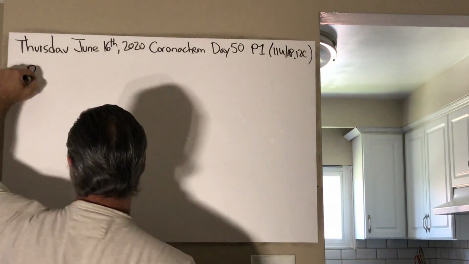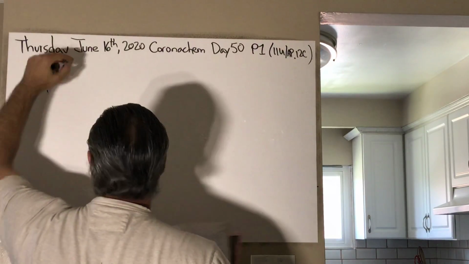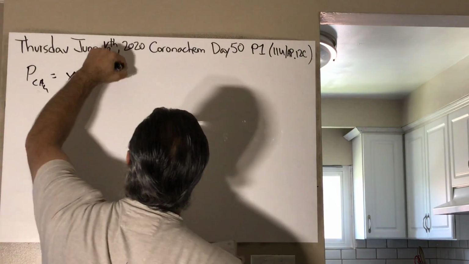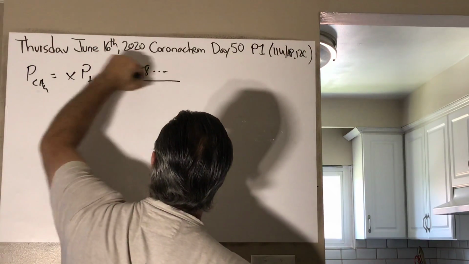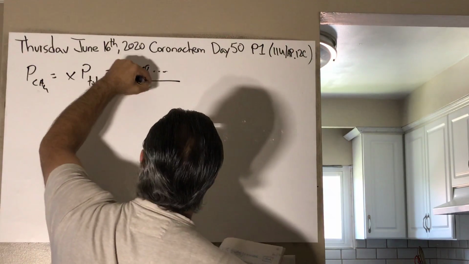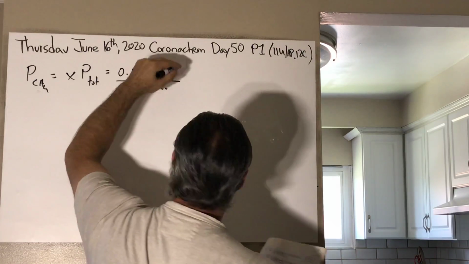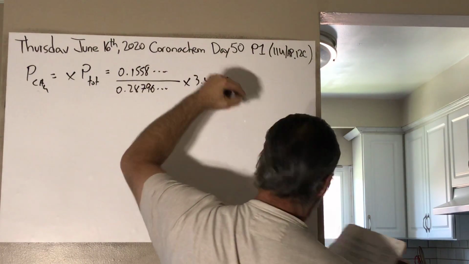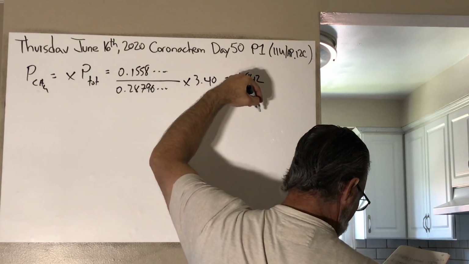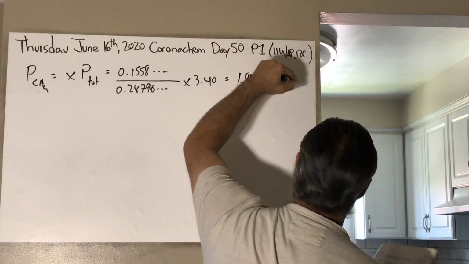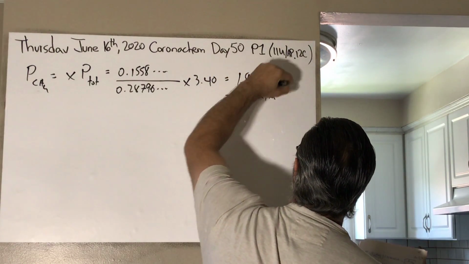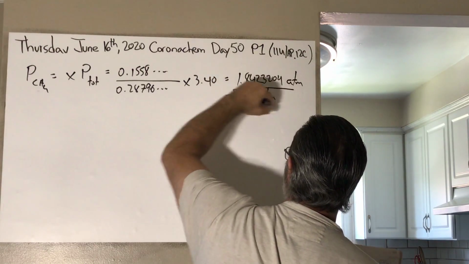The pressure exerted by methane is equal to the mole fraction of methane times the pressure total. So mole fraction of methane is 0.1558, etc., over 0.28796, etc., times 3.4, which equals 1.8423204. After the correct number of sig figs, you're going to write 1.84 atmospheres. Okay, so there's the partial pressure of methane.